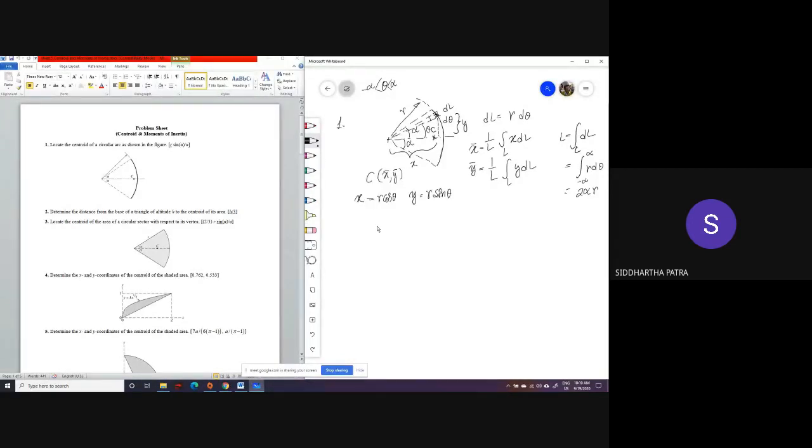So all we have to do is integrate this quantity. Let's try the x coordinate. So L times x bar is integration over L of x dl, which would be r cos theta times r d theta, and the integration goes from minus alpha to alpha. It's a simple expression. R is a constant over here, so it comes outside of the integration, and then there is cos theta d theta.